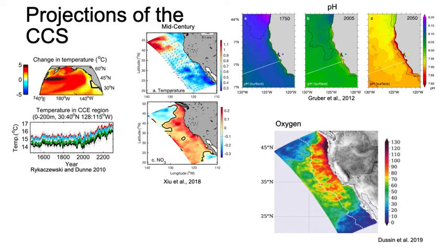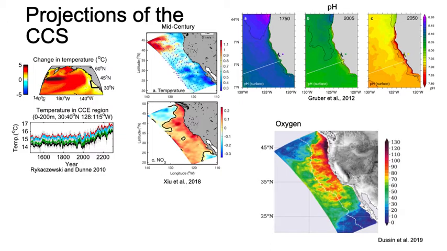There have been a number of downscaled projections for the California current system, but to date we were not aware of one that had compared whether those projections were within the envelope of what the large scale models would project for the California current.